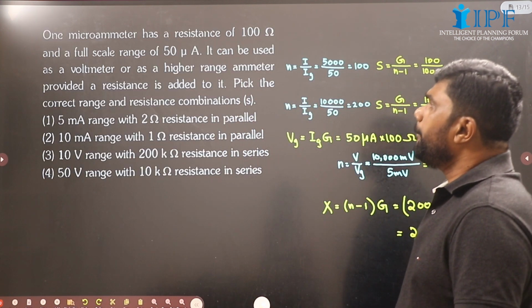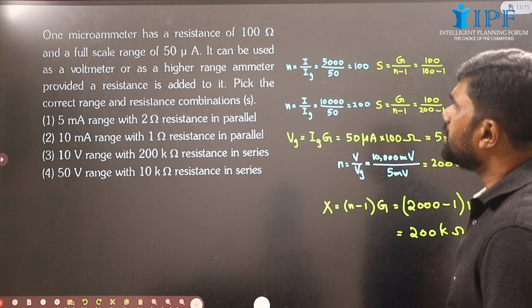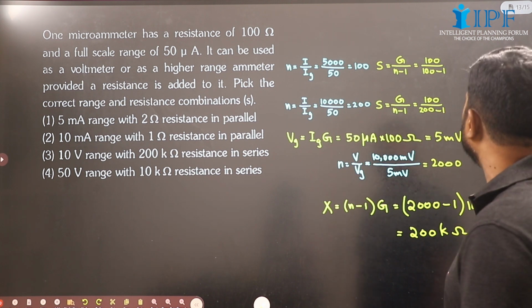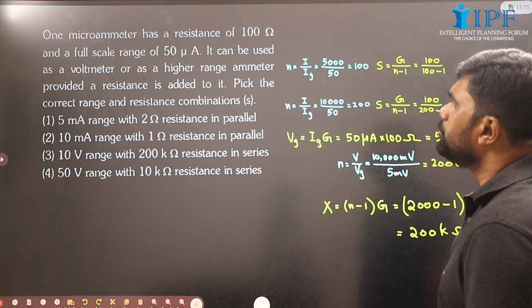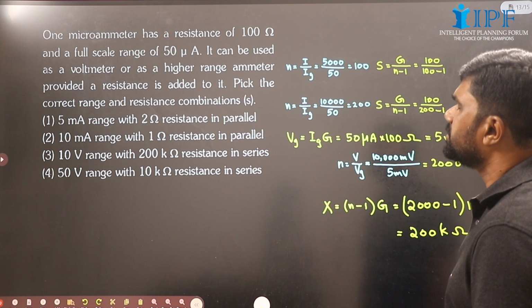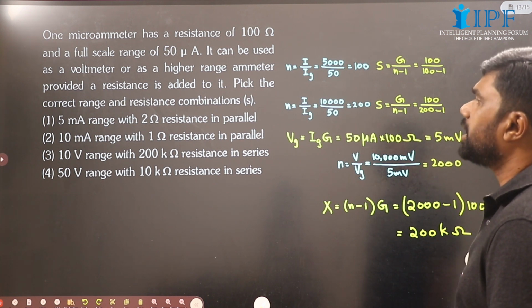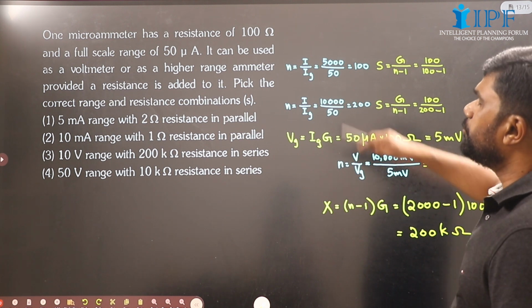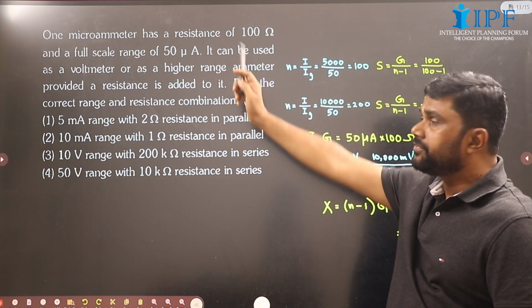Now, a microammeter has a resistance of 100 ohm and a full scale range of 50 microampere. It can be used as a voltmeter or as a higher range ammeter provided a resistance is added to it. Pick the correct range and resistance combinations. See, the full scale deflection current is given as 50 microampere.